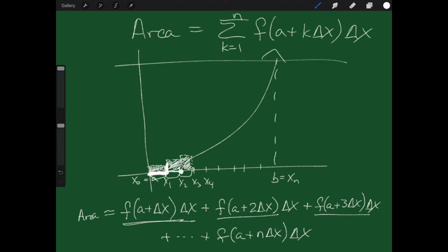This is a way of estimating my area with rectangles. Now, what if I actually wanted to get the actual area? So remember that this is kind of approximate because it's not perfect. What if I wanted it to be perfect? Well, I'd want the number of rectangles to go to infinity. So let's do exactly that.